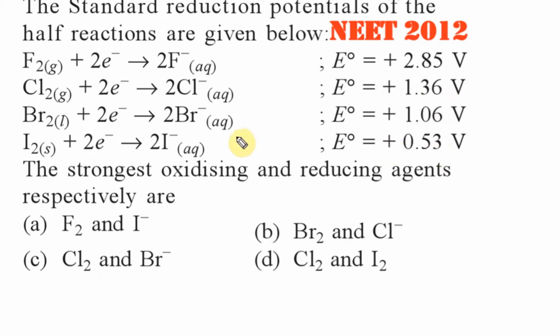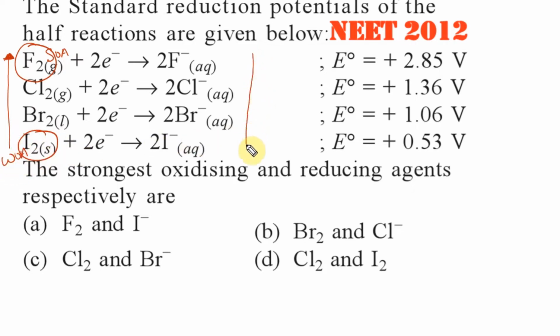So based on our knowledge of the electrochemical series, we know that the left side is the oxidizing agents, and the strength of the oxidizing agents increases as you go up, or it decreases as you go down. So this is our strongest oxidizing agent, and this would be our weakest oxidizing agent.